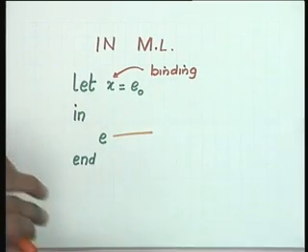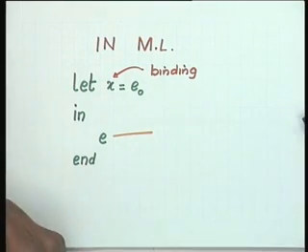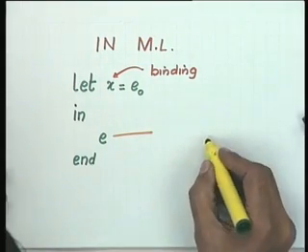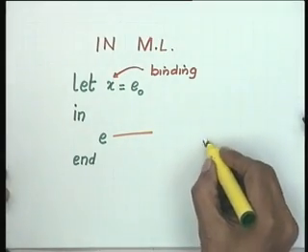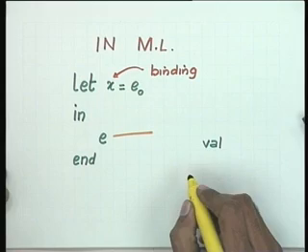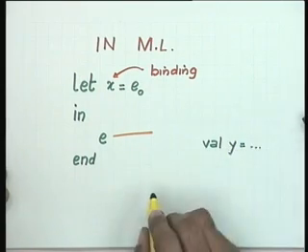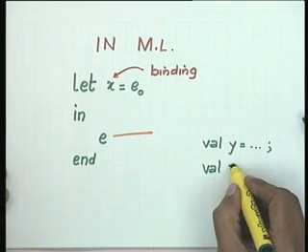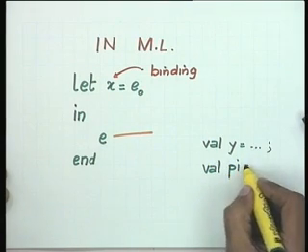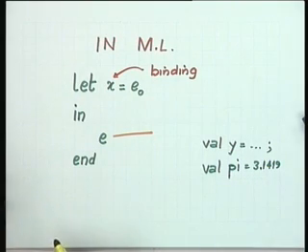Yeah. So, in a typical ML session you also have things like you introduce names in the beginning as val y equals something, val pi equals 3.149, right.